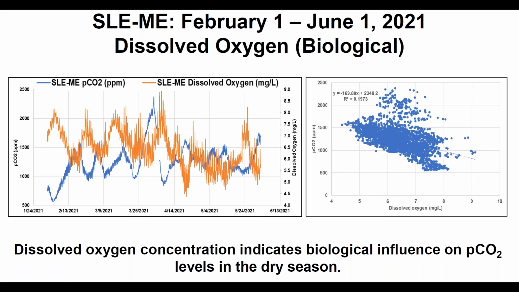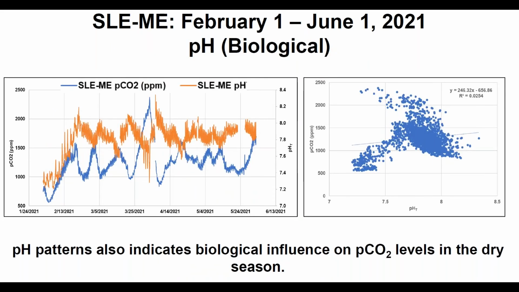Next slide shows you the pattern for pH, which, not surprisingly, is also strongly related to PCO2. The drivers for the wet season are more complicated, especially in our system, and we would like to spend more time teasing them out this year to really look at all of the things that go into it. But they are heavily influenced by some of the other parameters that we are monitoring.